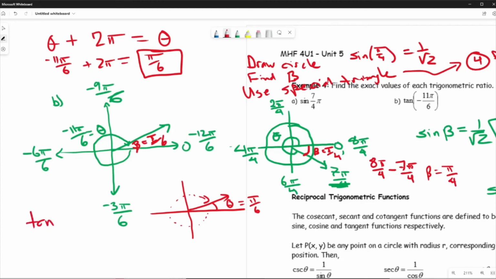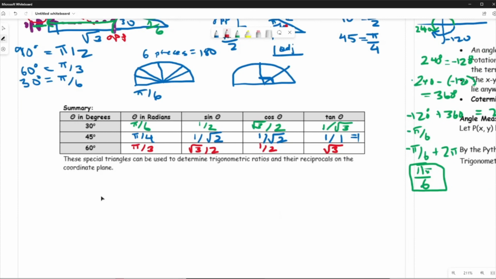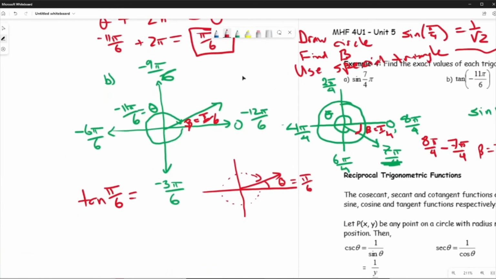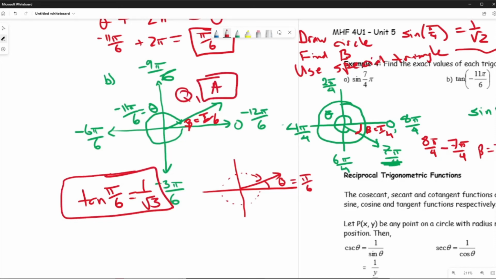Now, what is the tan of pi over 6? Well, I have to go back to my special triangles. I don't remember that one off the top of my head. But let's go back to our special triangles. Pi over 6 is here, and the tangent is 1 over root 3, right? And that's my answer, 1 over root 3. It's positive because I'm in quadrant 1, and in quadrant 1, everything is positive, right?